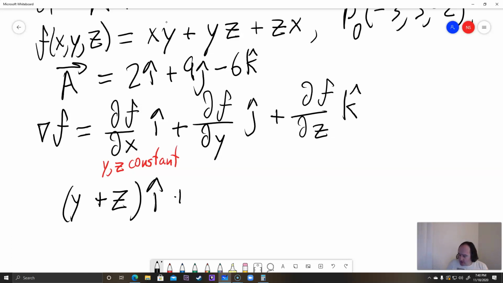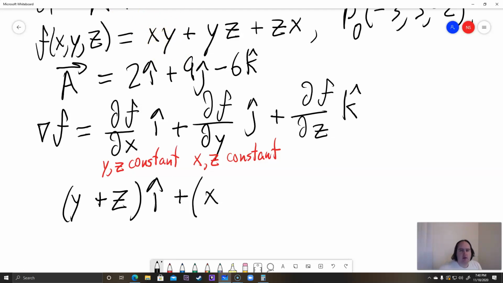And then for our partial f partial y, the other two variables are going to be constant. So that means x and z are constant. So since x is constant and z is constant, the derivative of xy is just going to be x.